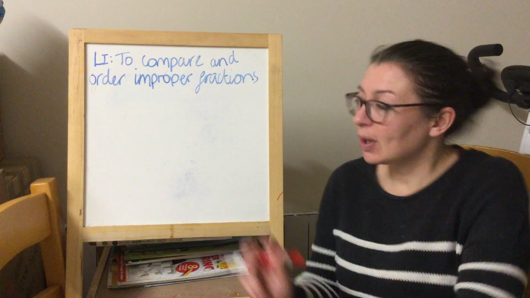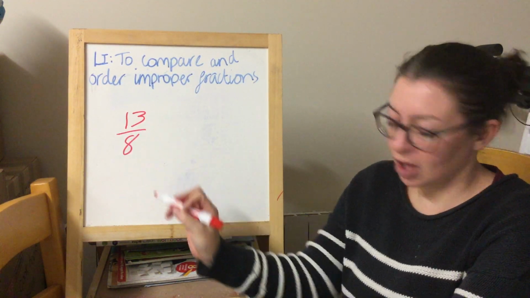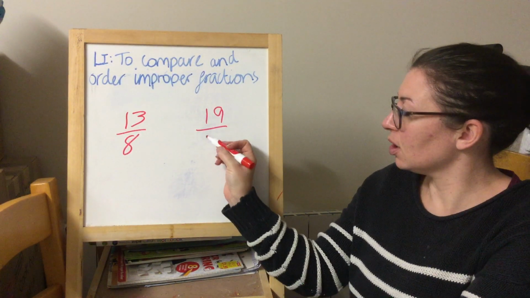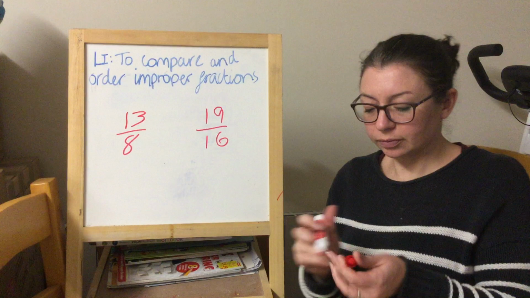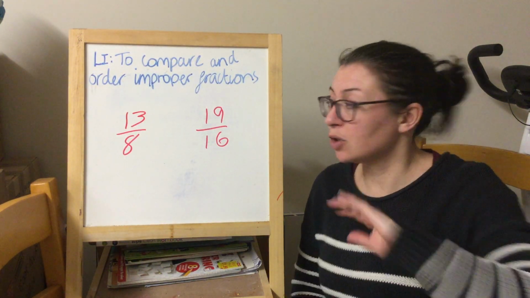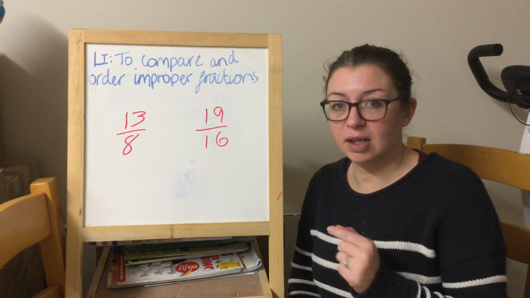So, we're going to compare these ones. We'll start with 13 over 8 and 19 over 16. Now you can draw your bar diagrams. Absolutely. Stop the video now. Draw yourself bar diagrams if that's how you want to do this.